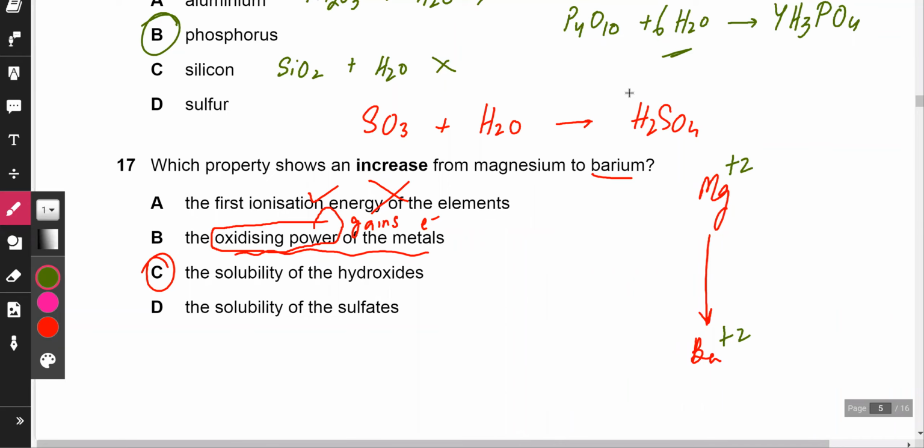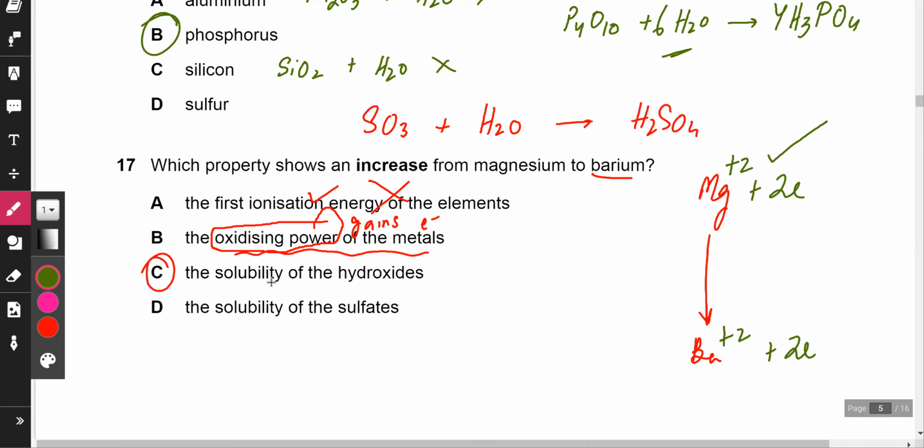So we're talking about the metal ions, which can possibly gain electrons back. The smaller ion is the one that would attract electrons strongly; the bigger ion is not going to attract electrons strongly. Is that clear as well? Yes, sir.